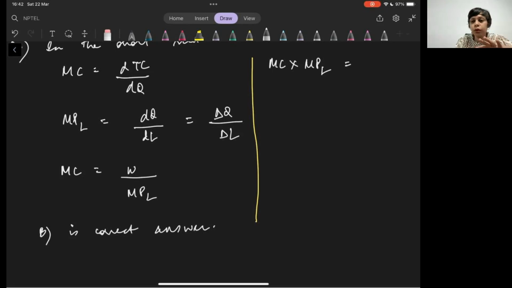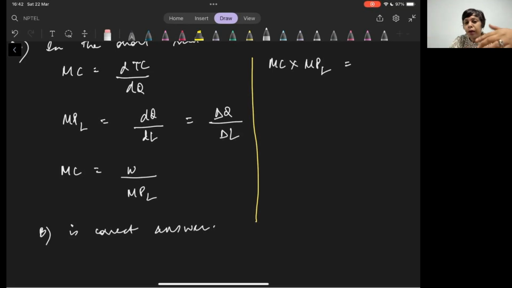Not profit, sorry. We'll come to profit later. Marginal cost is the cost incurred per additional unit of quantity produced, and marginal product of labor is the quantity produced per additional unit of labor.